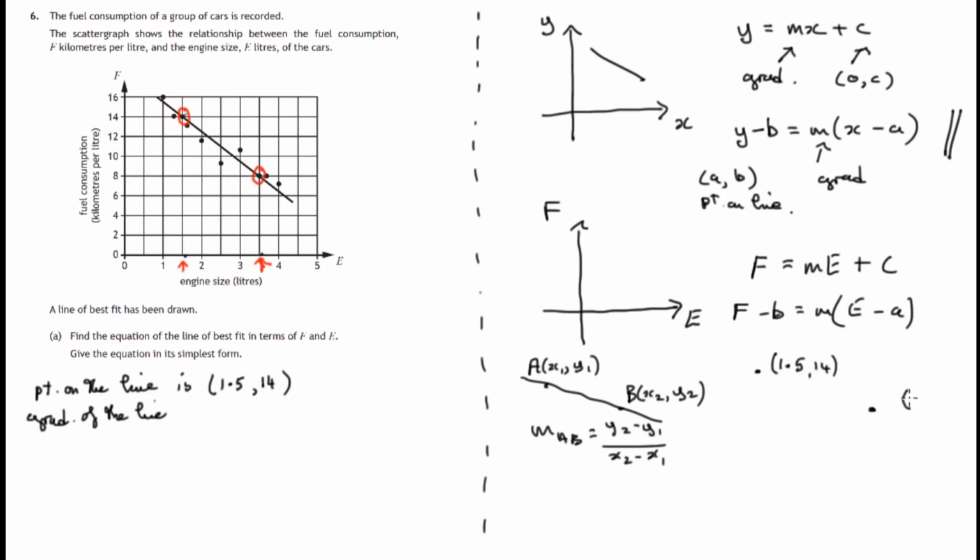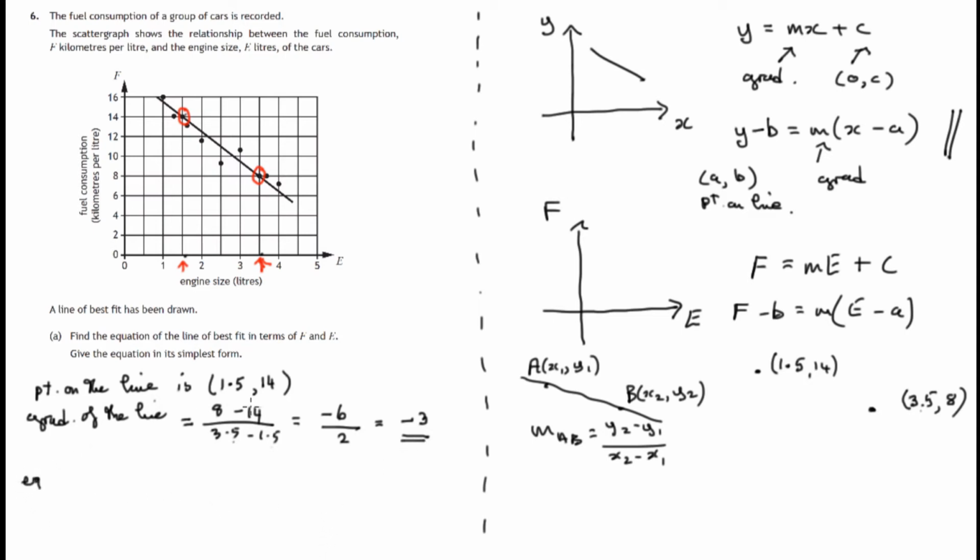That was the other point we picked as being on the line. So the gradient of the line will be the y difference, 8 minus 14, over the x difference, 3.5 minus 1.5. Now 8 minus 14 is negative 6. 3.5 minus 1.5 is 2. And 2 into 6 goes 3, so that's negative 3 for the gradient.